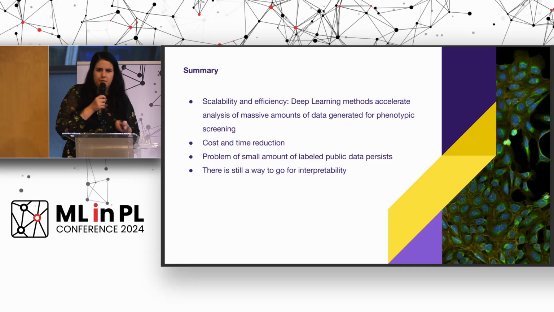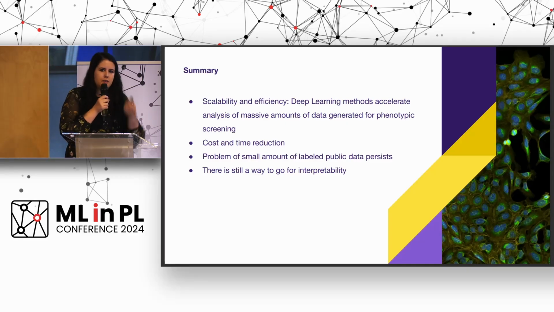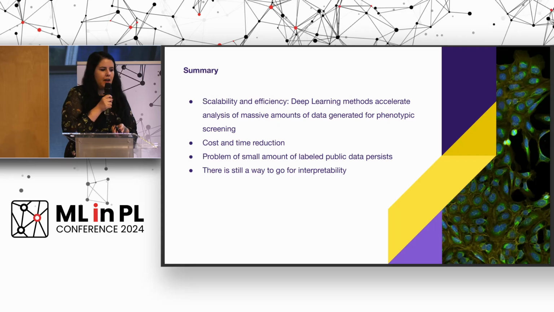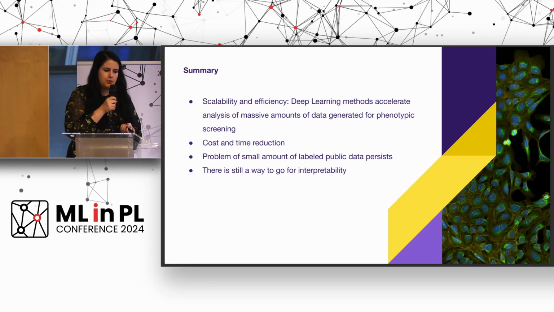In summary, deep learning helps very much in this case. We are accelerating the research. It's much faster than things like CellProfiler that I mentioned earlier, and it reduces cost and time. We don't have to spend hours of compute time to generate a few thousand features; we can do it by passing the image through a neural network.